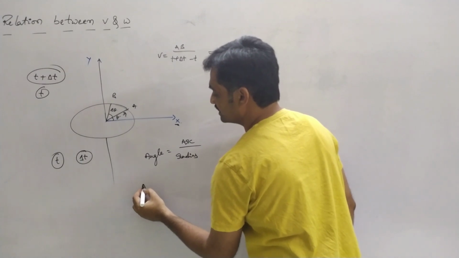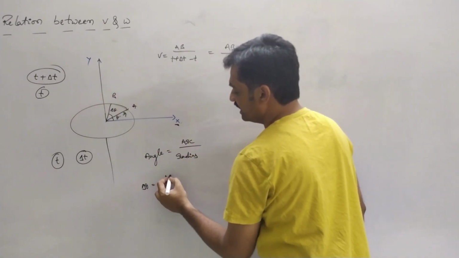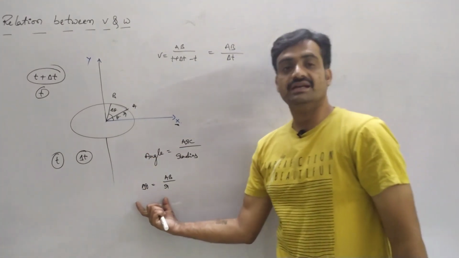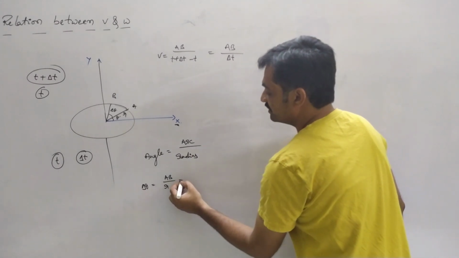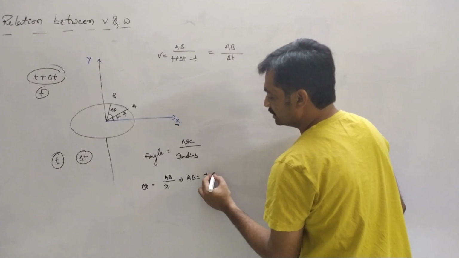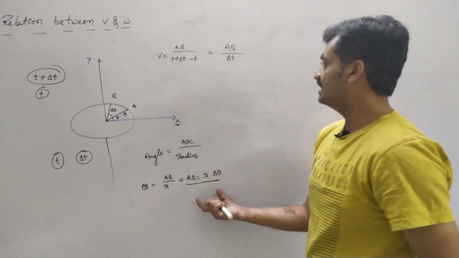From this we can represent delta theta equals arc AB by radius r. So from this we can represent AB is equal to r into delta theta.